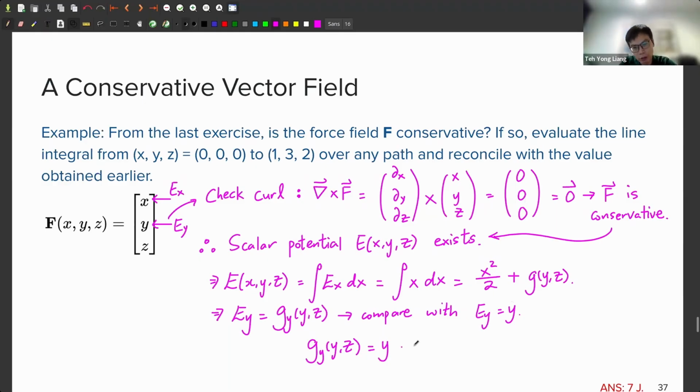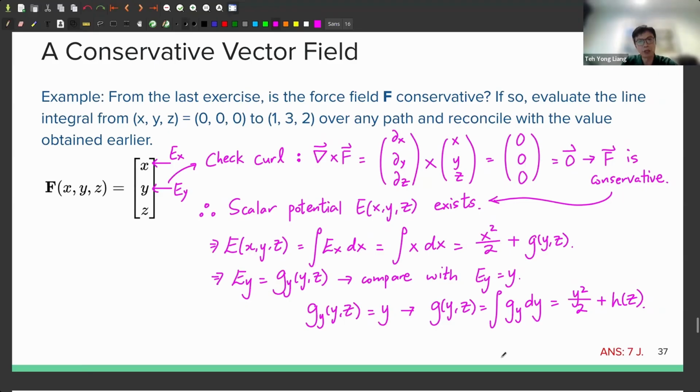So if G sub y is y, then G of y, z must be y squared over 2. Integrate G sub y dy, so you get y squared over 2. But you have a function of z also, so plus h of z.